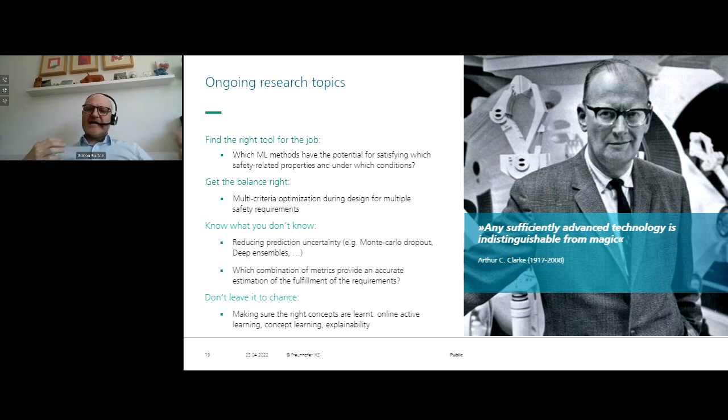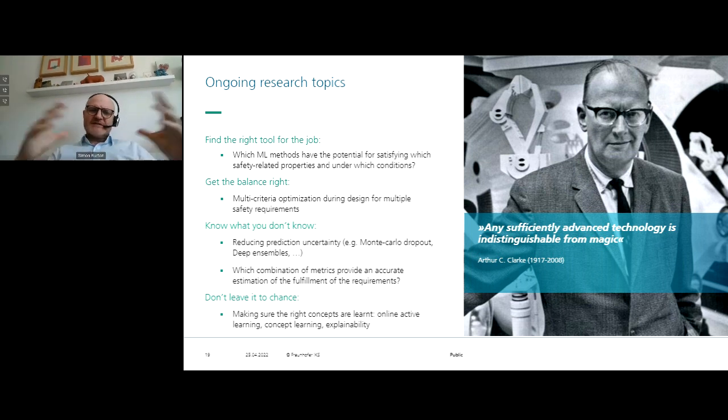Then we'll have the problem that we need a multi-criteria optimization of lots of different parameters and goals, and that is something that will require some work because machine learning is effectively an optimization game. How do we find a global optimum whilst also achieving a minimal level of performance in certain areas?